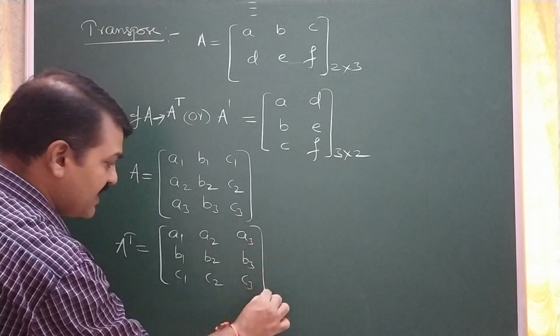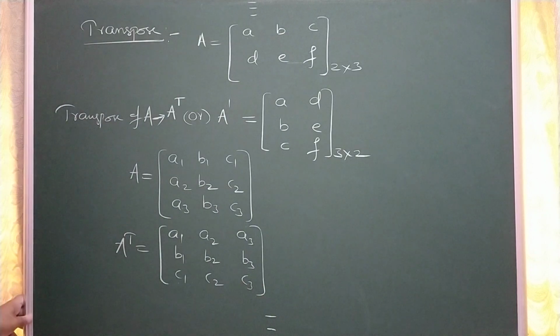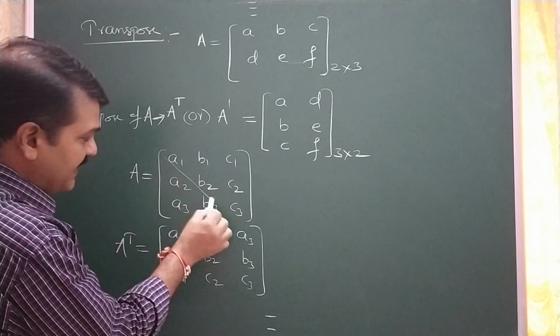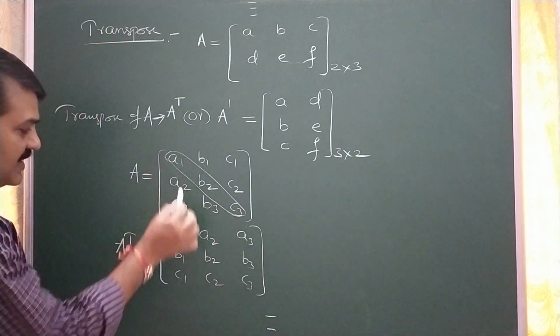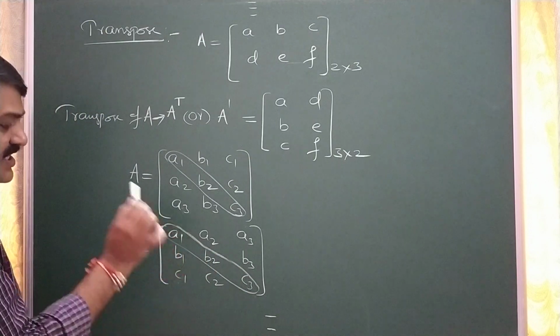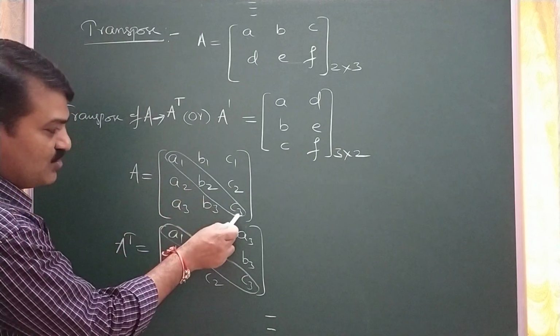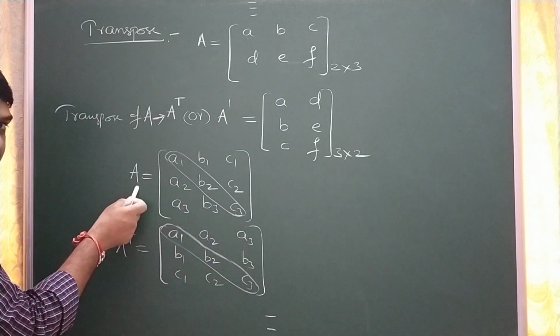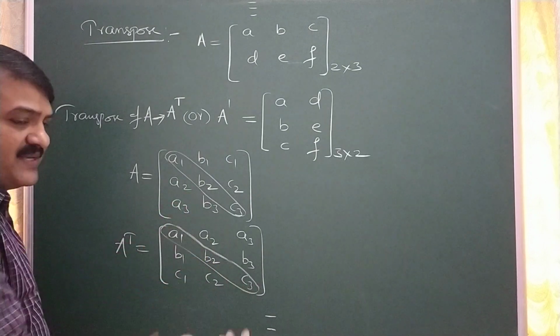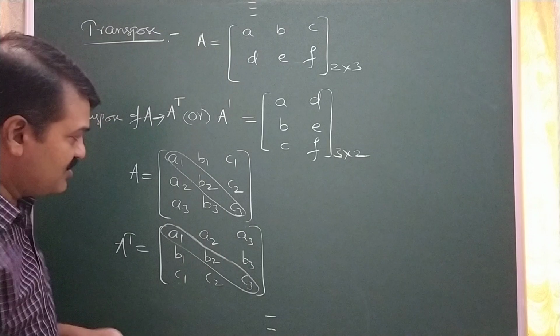So this is the transpose of A. What you have to understand here is, by transposing, the diagonal elements' places are not changing. Diagonal elements in A and A transpose are in their usual places only. Their places are not changed.